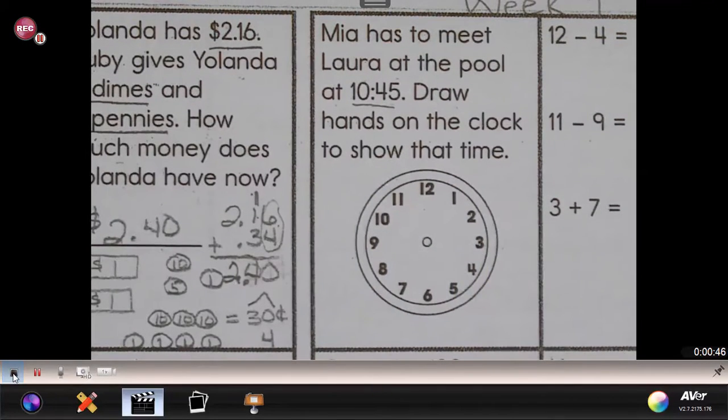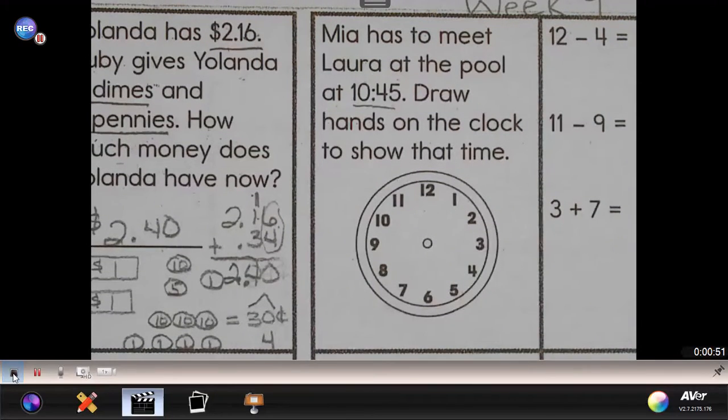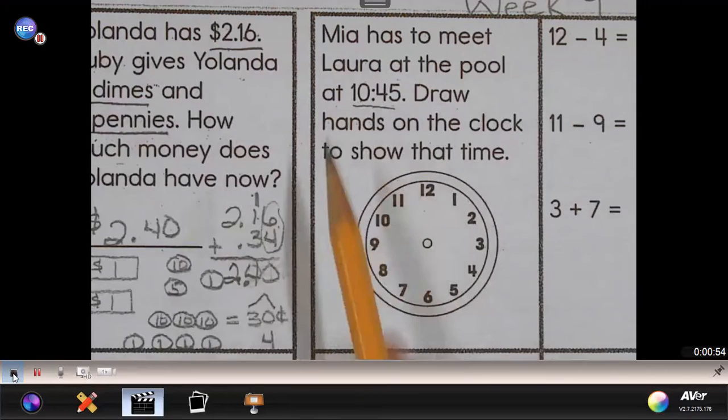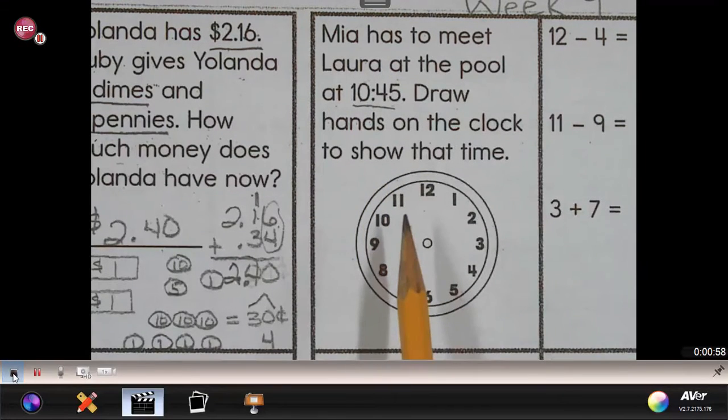So if we remember, the hour hand is the short hand, and we can see that it's 10. But remember, we're not going to point the hour hand directly at the 10, because as the minute hand goes around the clock, the closer it gets to the next hour, the closer the hour hand is going to be to the next hour, which would be 11 o'clock.